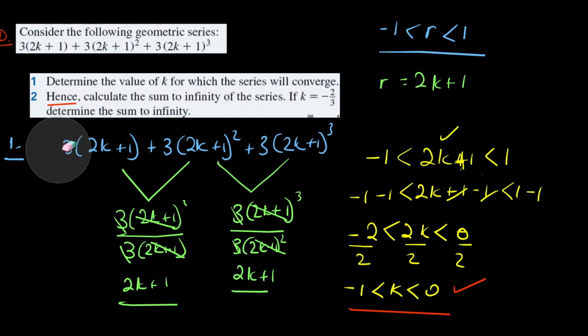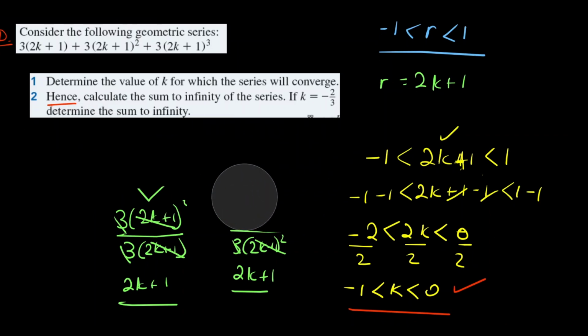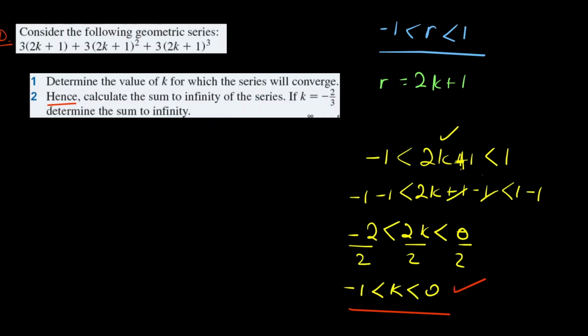And I need to erase this so that we answer the follow-up question. We're asked to calculate the sum to infinity if k is equal to that value. So we're given that k now is equal to -2 over 3. -2 over 3 actually does lie between 0 and -1.